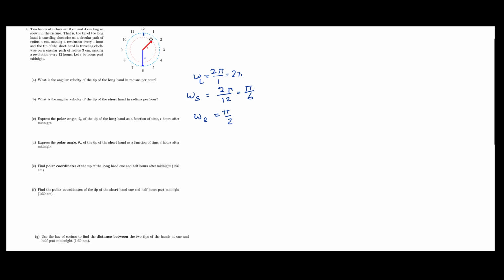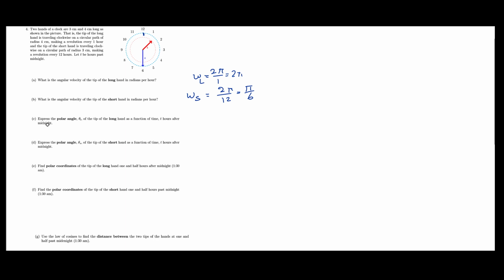It's going in this direction, the opposite of counterclockwise, at the rate of pi sixth times t. So it's a linear function: initial value pi half, and then at the rate of negative pi sixth with respect to time.